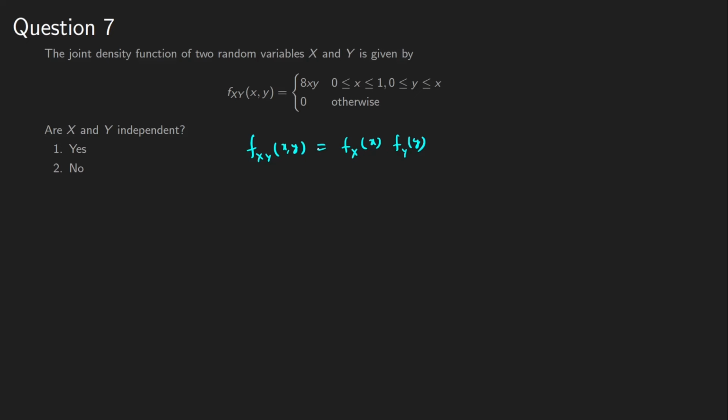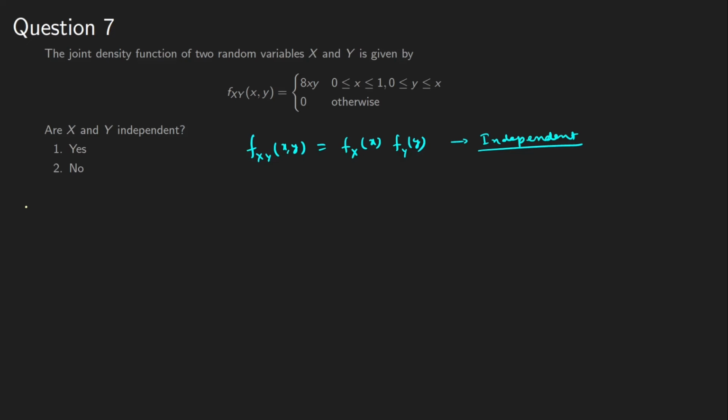We will check if the product is equal to the joint PDF that we have been given. If so, we will conclude that these are independent, and if these are not equal, then we will conclude that these are not independent.